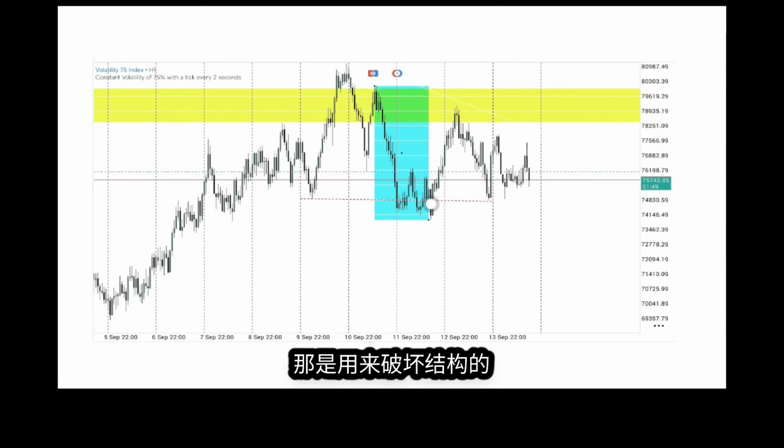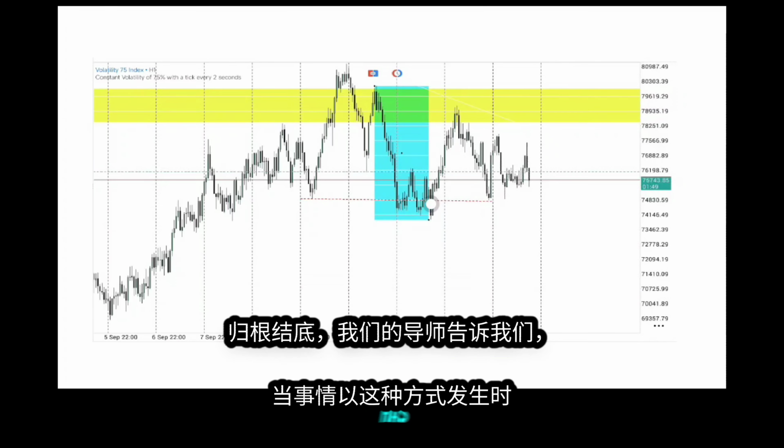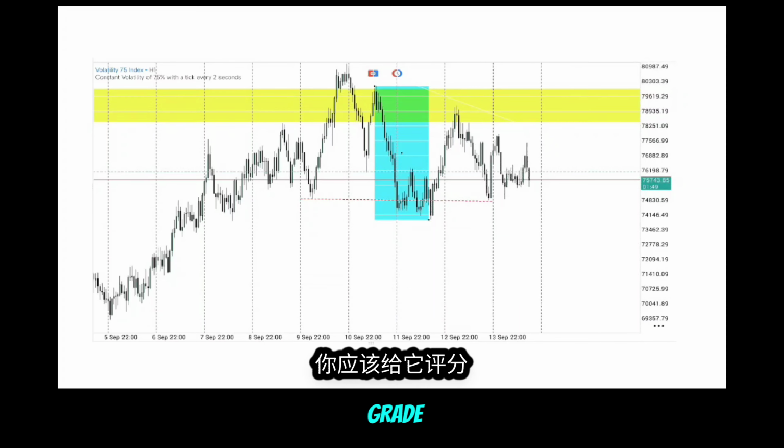Ultimately, what our mentor has taught us is that when it happens this way, you should grade it and know that when price breaks below this accumulation, we want to see an equivalent swing lower.